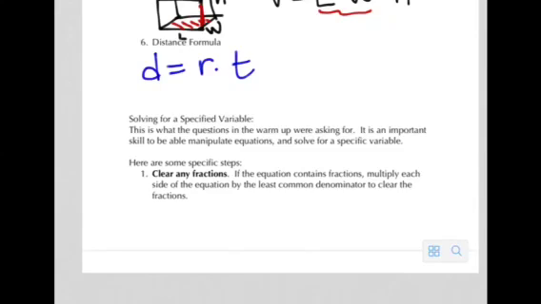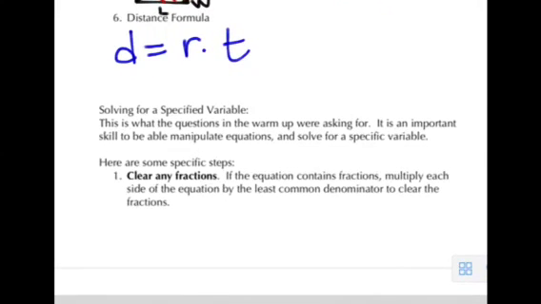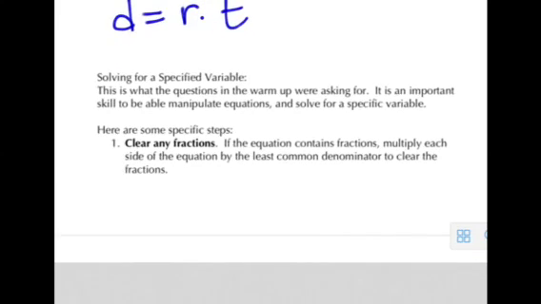So looking at how to solve for a specific variable. This is what the questions in the warm-up were asking for. It's an important skill to be able to manipulate equations and solve for any specific variable. The first thing you want to do is clear any fractions, just like in solving linear equations. If it has fractions, multiply each side by the least common denominator to get rid of the fractions.